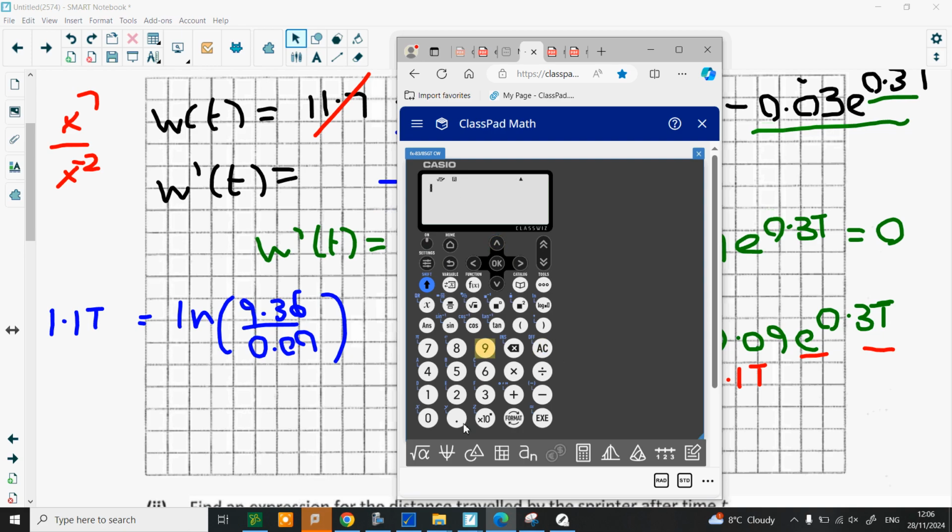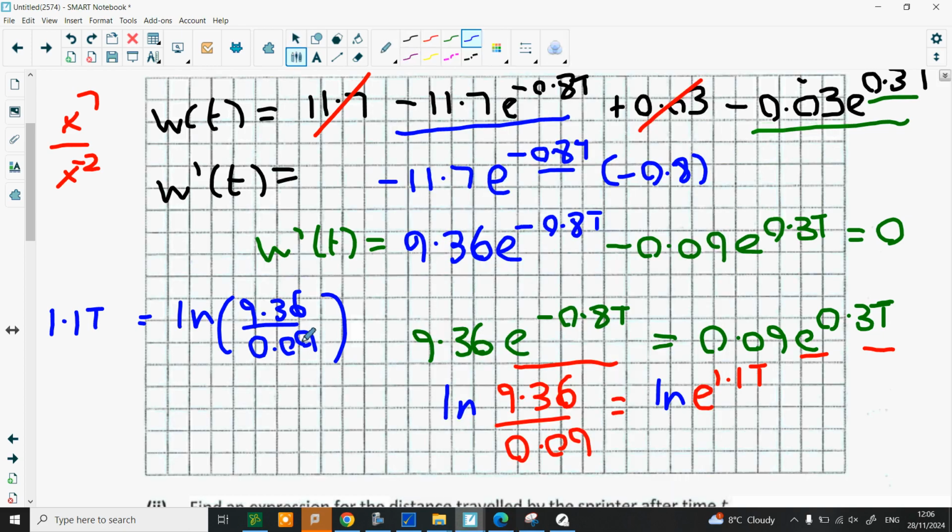What is 9.36 divided by 0.09? 104. It wants 1040 here. Did I forget an extra 0? 2 zeros. That's what I did wrong. I was right the first time. It's 2 zeros and a 9. So I made a mistake here.